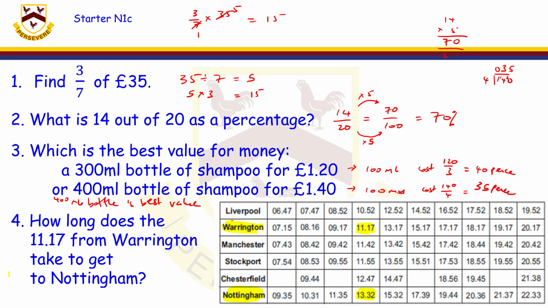So let's have a look at the timeline then and see what's going on. Want my pen back. So I haven't got some space here. We'll do it. 11:17. I'm going to go to 1200 hours. How many minutes is that? 43 minutes.